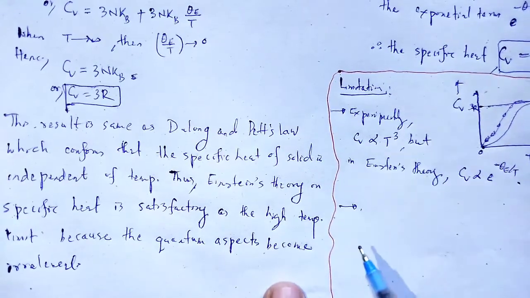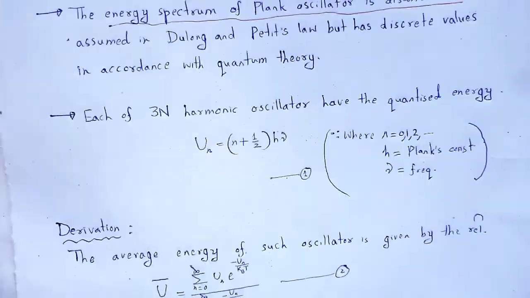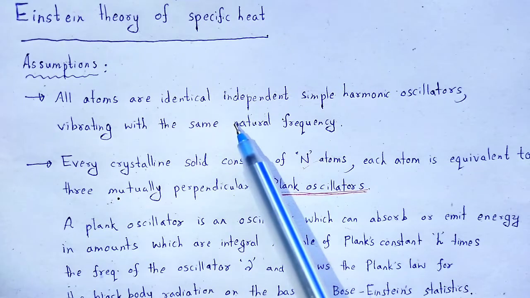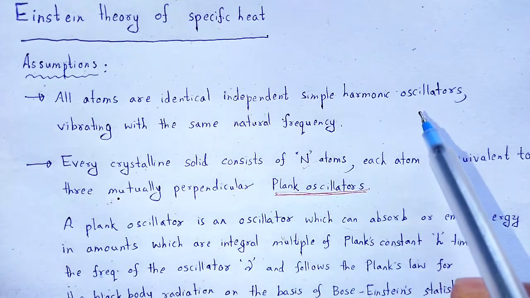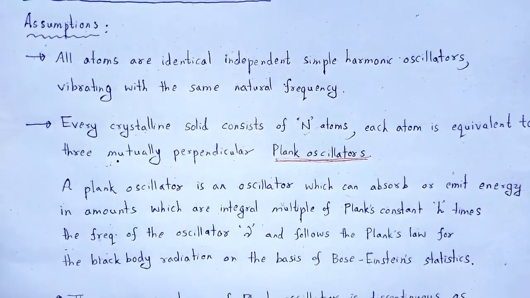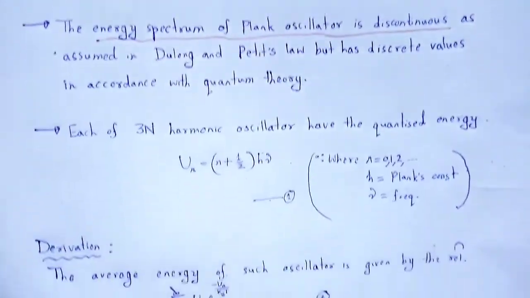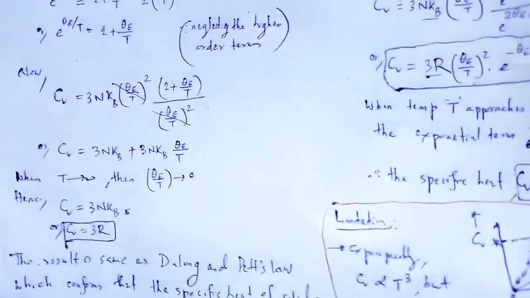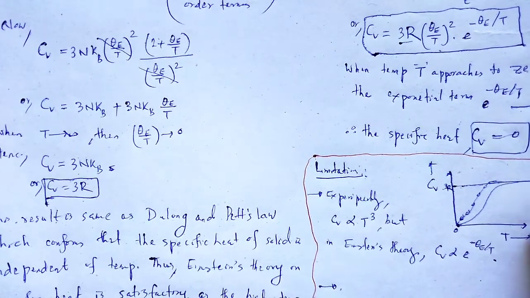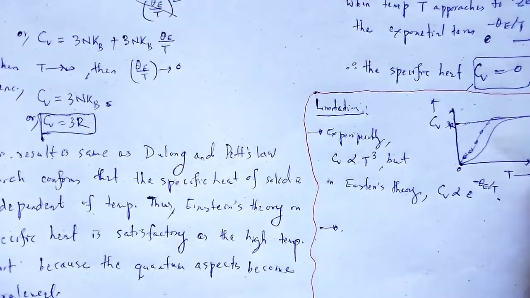Next limitation, here we write an assumption that all atoms are identical and independent simple harmonic oscillators vibrating with same natural frequency, but actually these atoms are not independent simple harmonic oscillators, they are coupled harmonic oscillators, and each has different own frequencies.